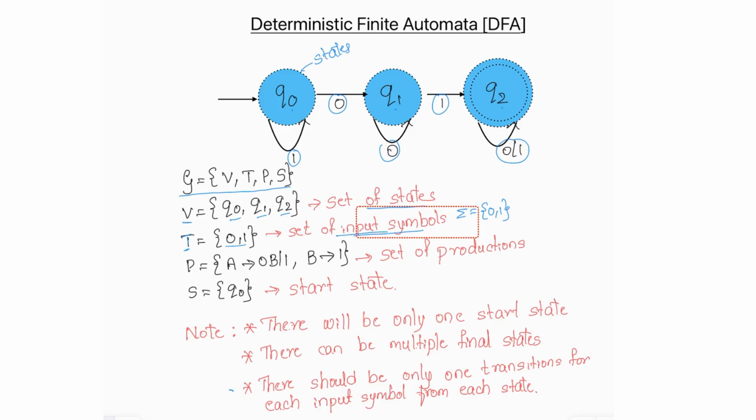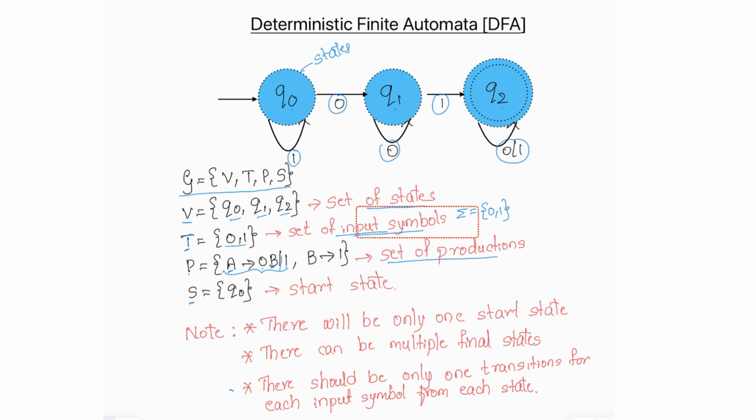Now what is P? P is a set of productions. We represent the productions in terms of A producing 0B or 1, where A and B are the variables and 0 and 1 are called the terminals.